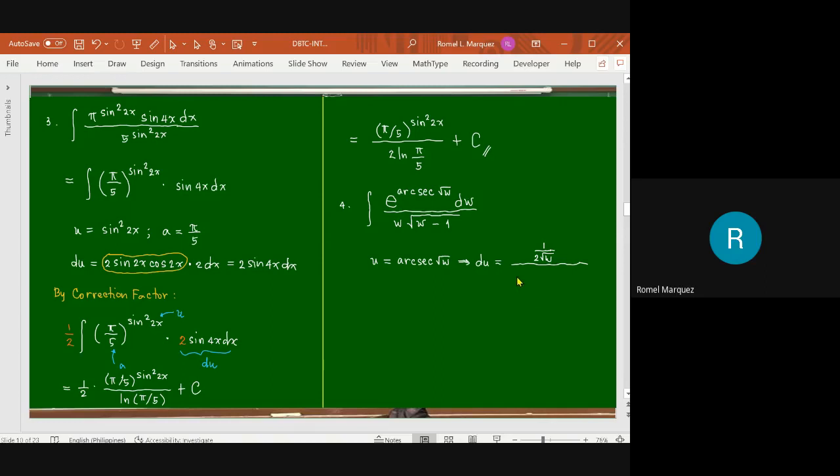What is our u here in arc secant? Square root of w. So u squared is w, minus 1. Actually, the differential, you already have the hint in the given. So you will be able to recall, no? Okay, guys? And dw.